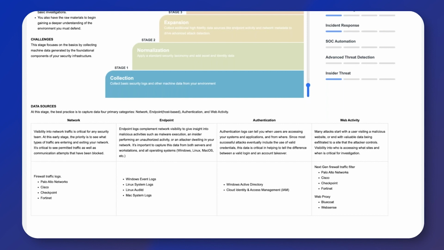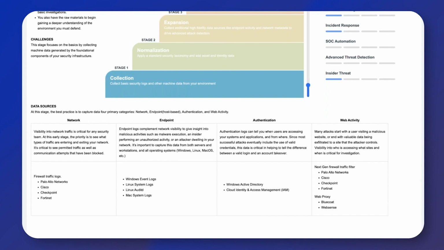So these are things like your firewall traffic logs, your endpoint logs, whether those are servers or endpoints themselves, security logs from those, so we know who's logging onto them, who's doing what on them. Your central authentication logs, right? So Active Directory or identity and access management, whether it's Okta or something else, single sign-on tools, and also web activity, right?